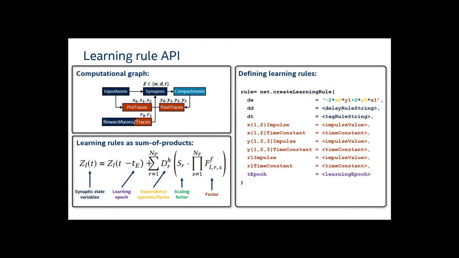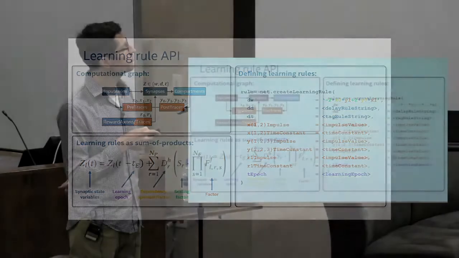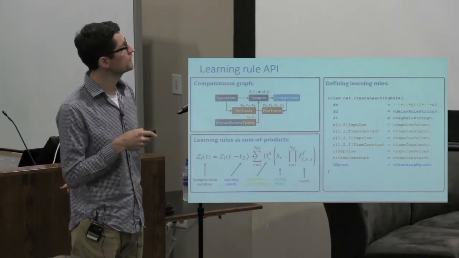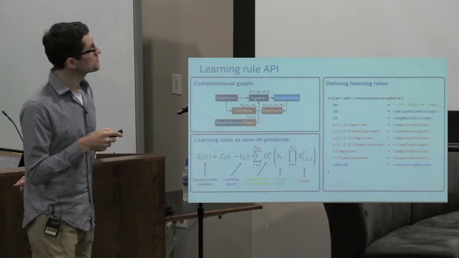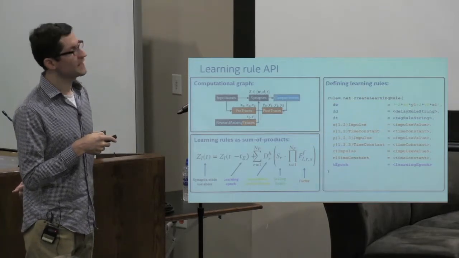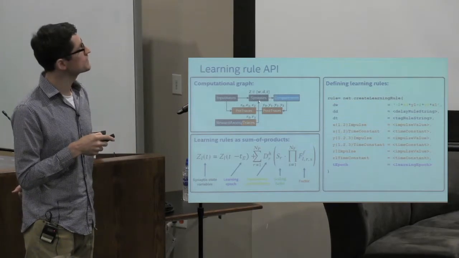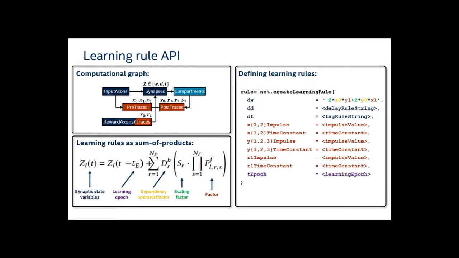Now in the next two slides, I will focus on two key features of the API: learning and defining multi-compartment neurons. This slide summarizes the learning rule API. Up here we have part of the computational graph that I showed earlier. Synapses are, as Mike said earlier, dynamical systems by themselves, consisting of up to three state variables: weight, delay, and tags.